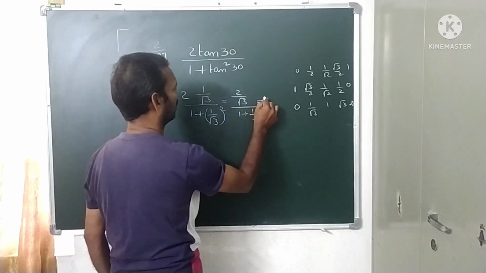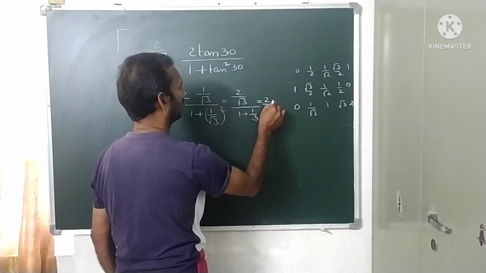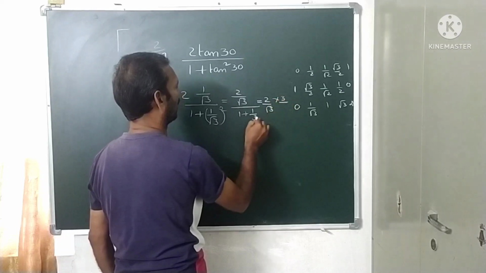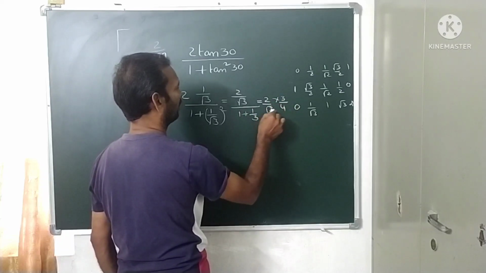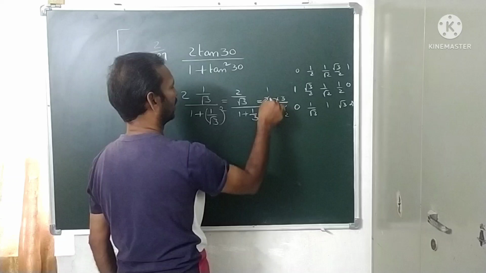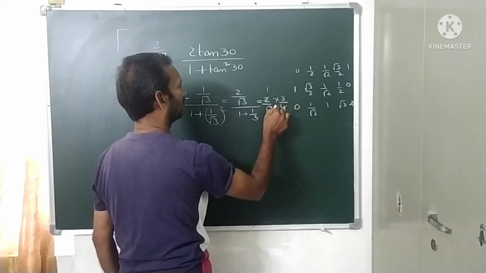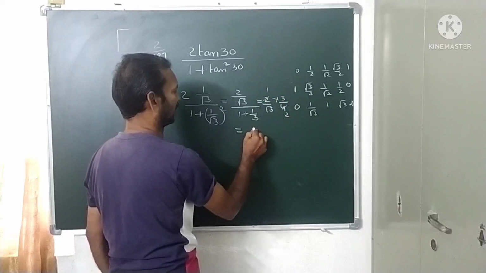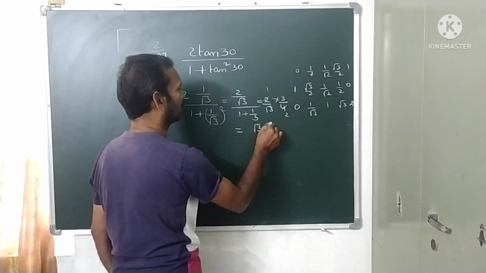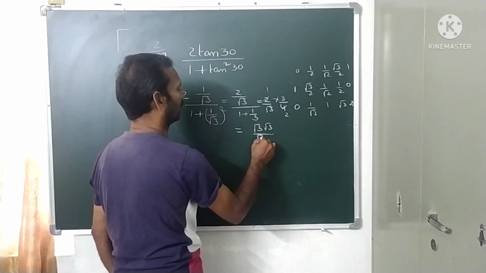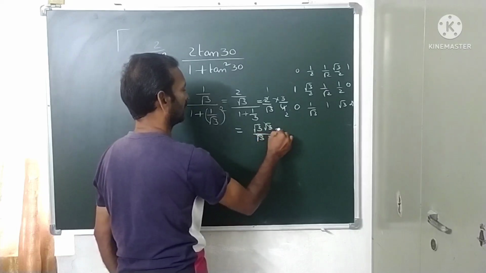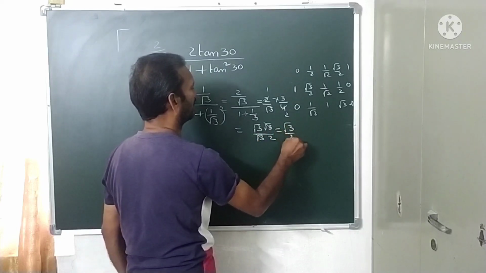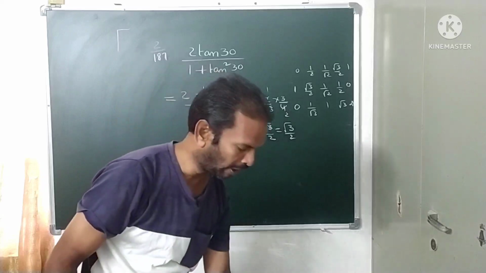That is equal to 2 by root 3 into 3 by 4. 2 cancels, 2 writes one time. What is left? 1 into 3, 3. Root 3 into root 3 by root 3 into 2. Root 3 cancels. Root 3 by 2 we got. Now check the options.